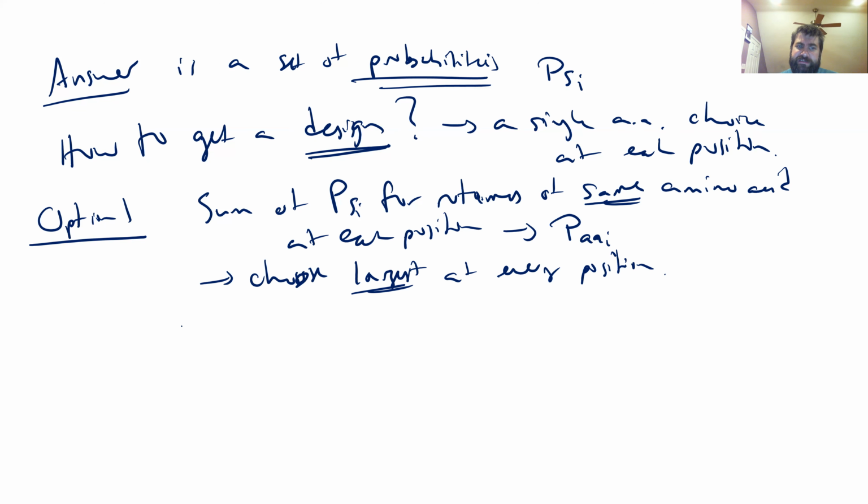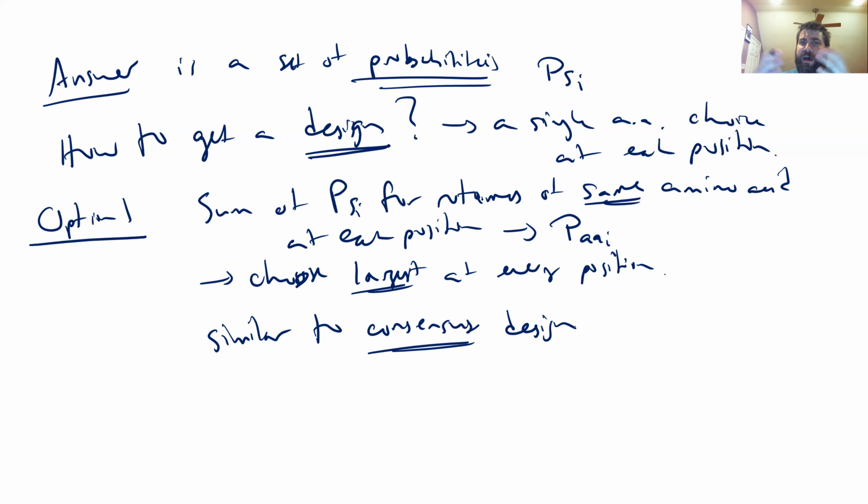This is kind of similar to consensus-based design. Consensus-based design is the idea that you can design protein sequences not using structure, but just using alignments of sequences.